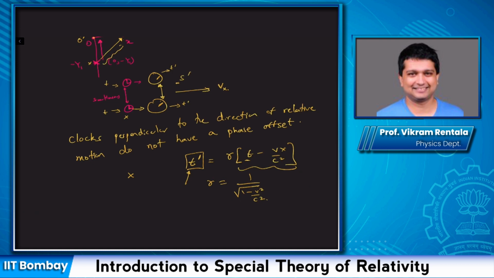That is, the observers in frame S will also see that the rods which are moving along with the train appear to have the same length L. However, we saw that this is not true if the rod were placed along the direction of motion. The rod which is moving along the train would appear to be length contracted.